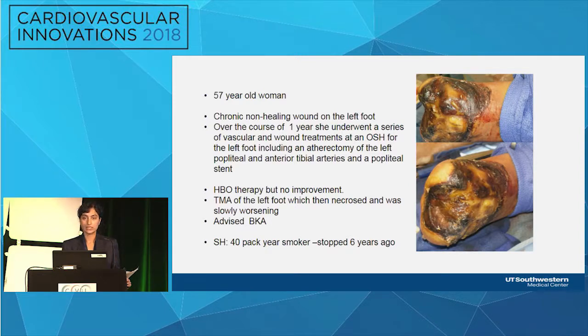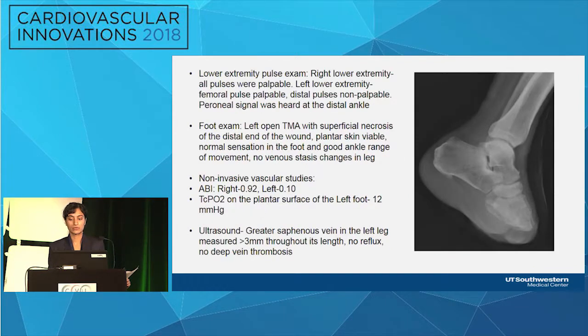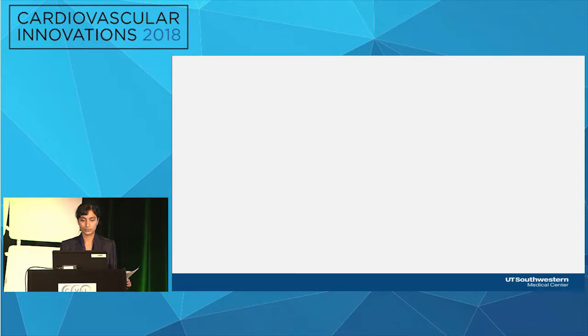She then underwent a TMA, which eventually necrosed and was slowly worsening, and so she was advised a below-knee amputation. On exam, her right leg pulses were normal, her left leg, only the femoral pulse was palpable. Her ABI was 0.1 on the left, and she had a good vein conduit.